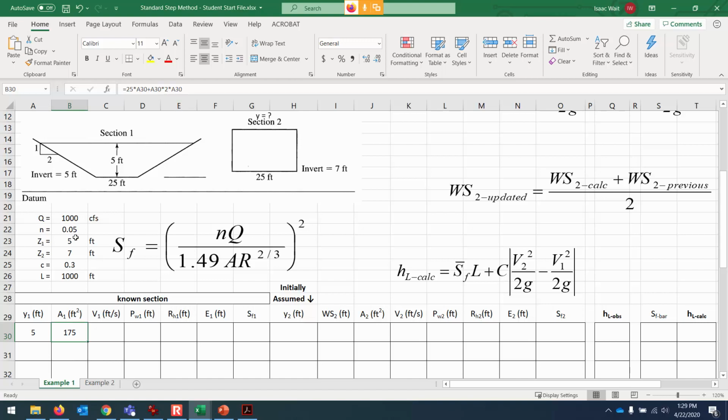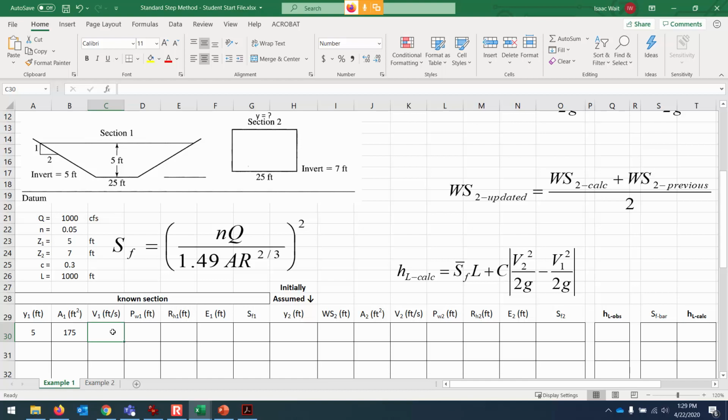So I was being a little convoluted by putting the cell references in here. It's 25 times 5 plus 5 times 10. 175.